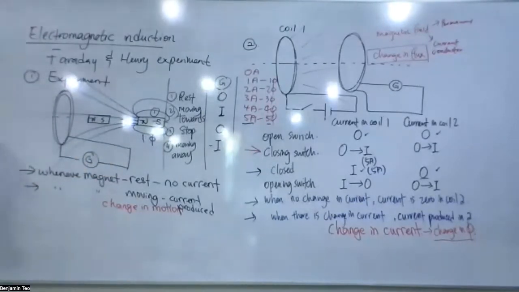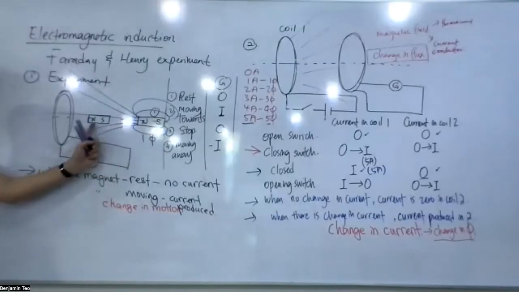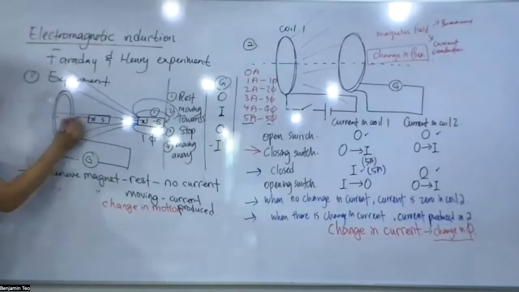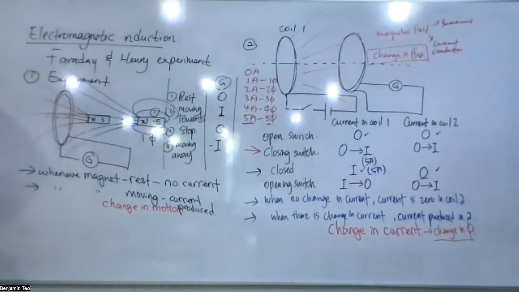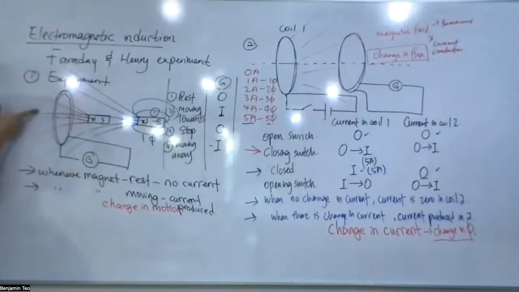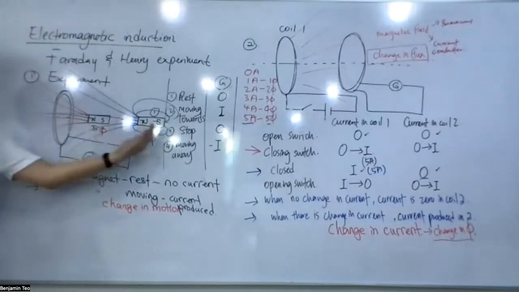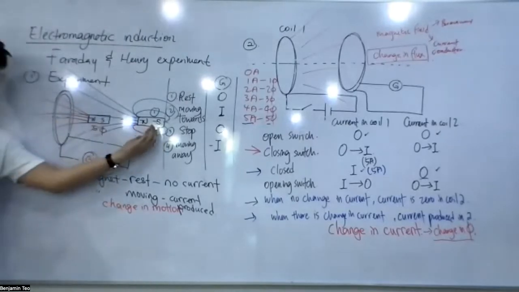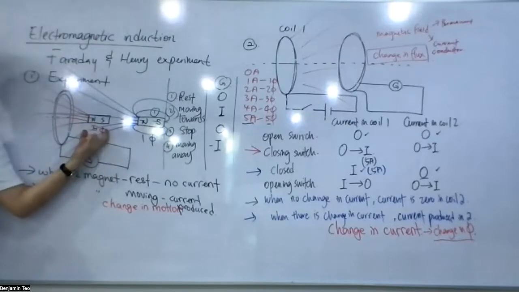Now, I move this one to this position. From this position, simply by moving it to here, how many magnetic flux link to this one? 1, 2, 3, 4, 5. Okay, 5 flux. So when you are further out, the flux linkage is less than when you are closer here.